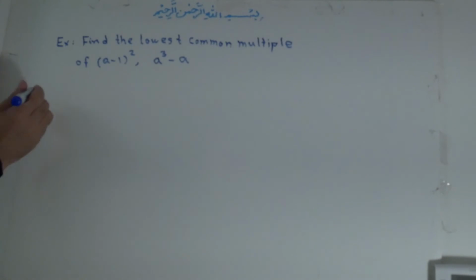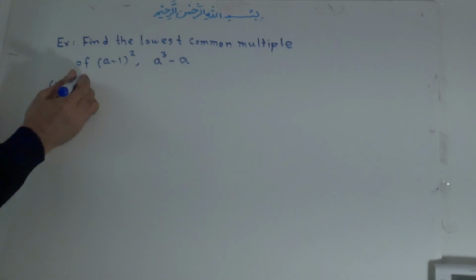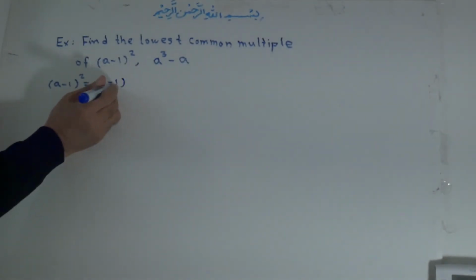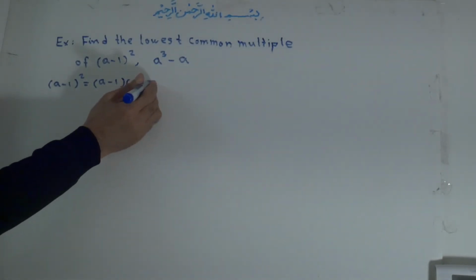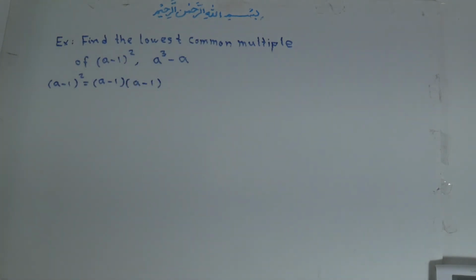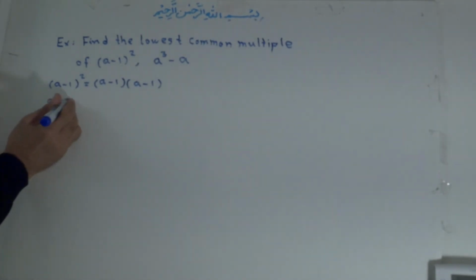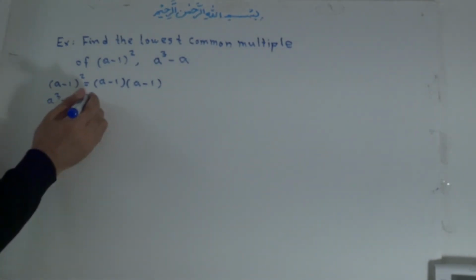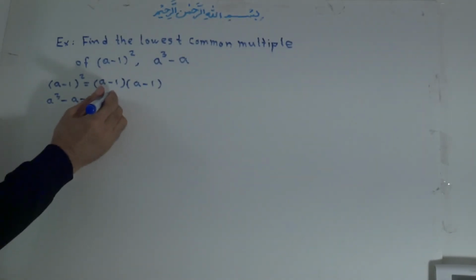Now what we do, we factor this. a minus 1 to the power of 2 is equal to a minus 1 times a minus 1, and a to the power of 3 minus a is equal to, now between these two terms the a is a common factor, remaining a to the power of 2 minus 1.